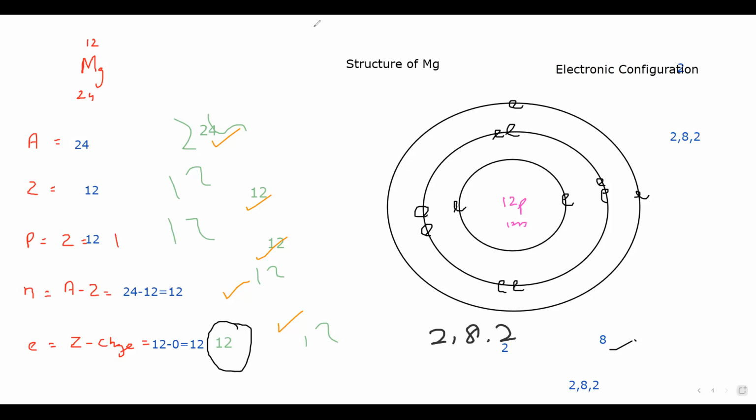So in total 6 participants are there, and I want participation from everyone. You can use a separate section, as I make 6 separate sections. I want everyone to draw the structure of calcium. There are 20 protons, 20 electrons, and 20 neutrons.